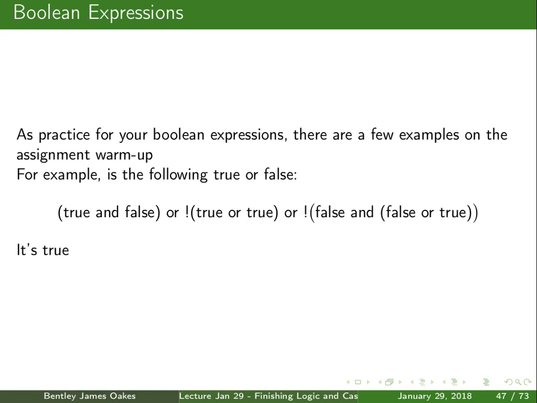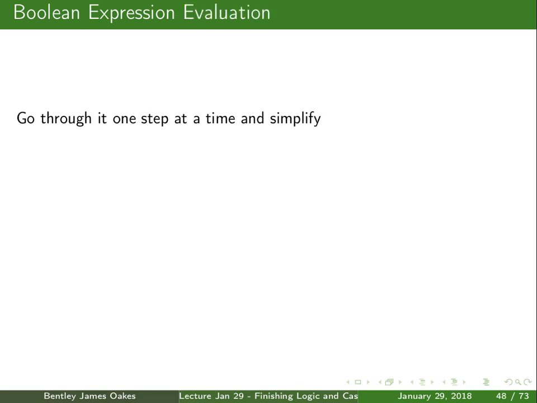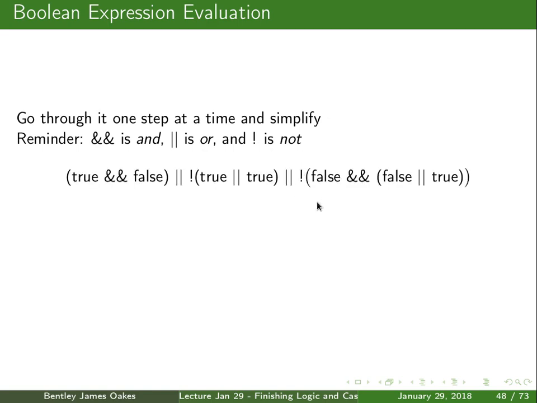It's going to say it's true, and I'm not expecting you to get that in 1 second. You go through it one step at a time and you simplify. Ampersand is and, the vertical bars are or, and the exclamation mark is not. So I'd write this as true and false, or not true or true, or not false and false or true.